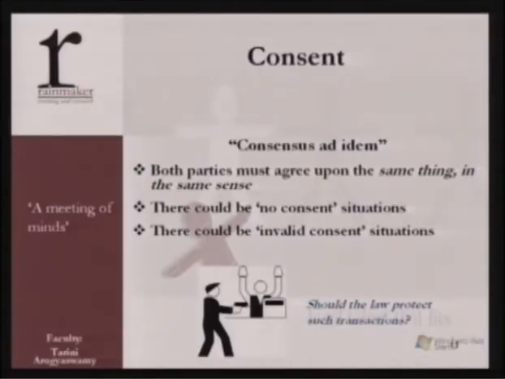Therefore, there is no consensus ad idem. They have not agreed upon the same thing in the same sense. In these situations, there is no contract. It is a legal nullity. If a contract is arrived at, it's a legal nullity. It's considered void.